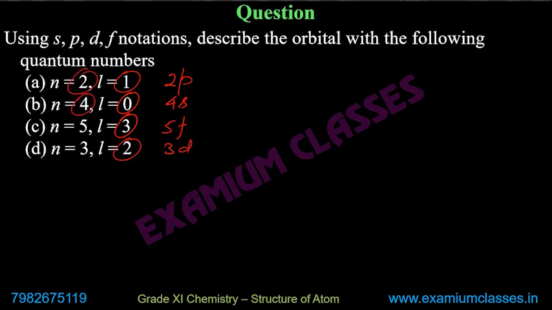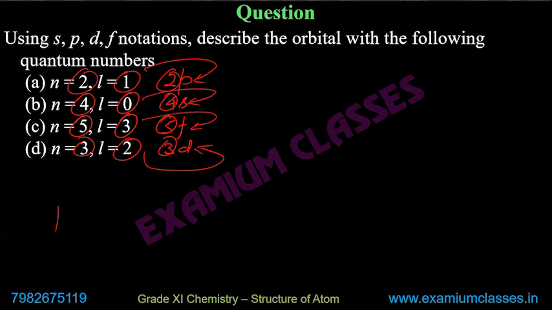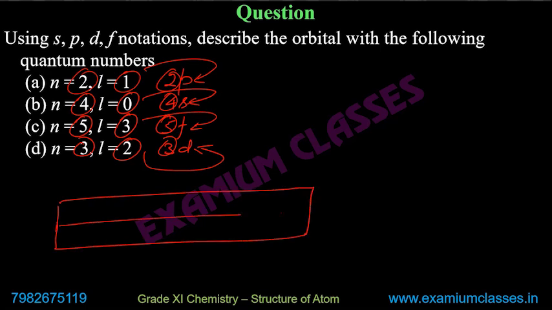The n values will remain the same: 2, 4, 5, 3. 1 is p, 0 is s, 3 is f, 2 is d. Sir, why are you multiplying? Sir, I'm unable to understand this part. We are not multiplying. Where are we multiplying? We are just assigning.